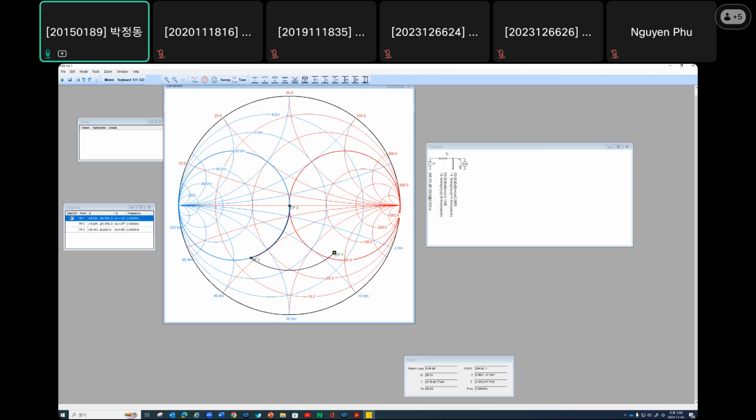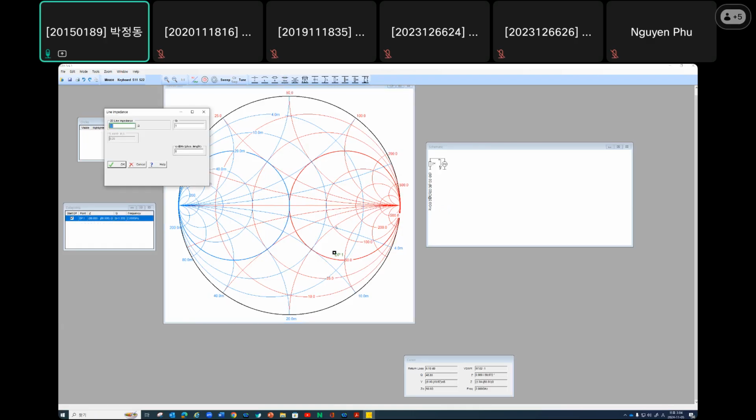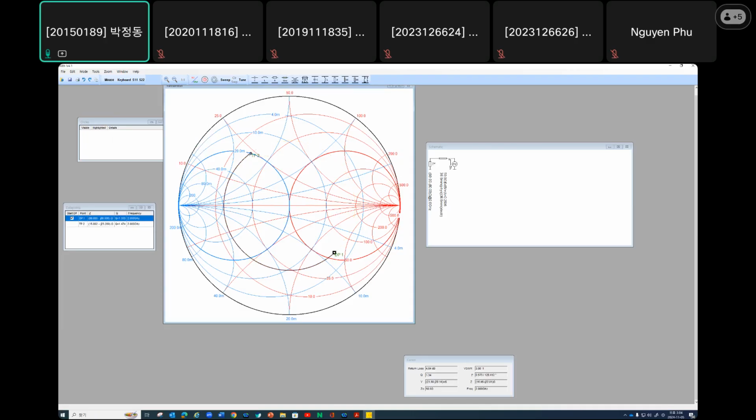In an undergraduate course, we actually draw this on top of the Smith chart to understand the basic concept. Okay, let's take a look at another way. If I extend the line by this amount, which one is better, open or short? Definitely, this must be better.